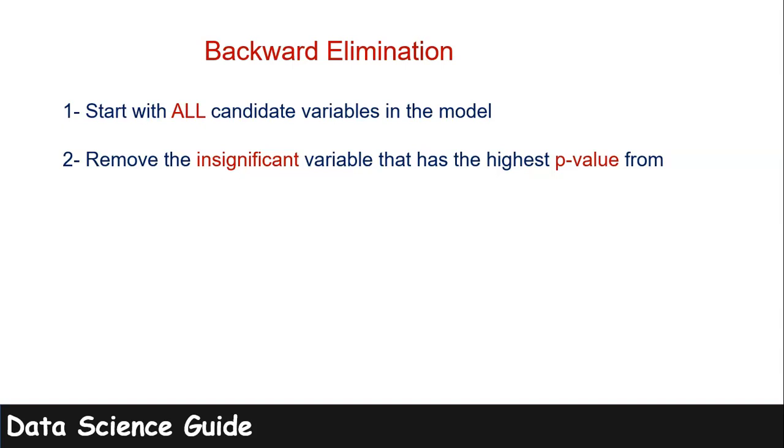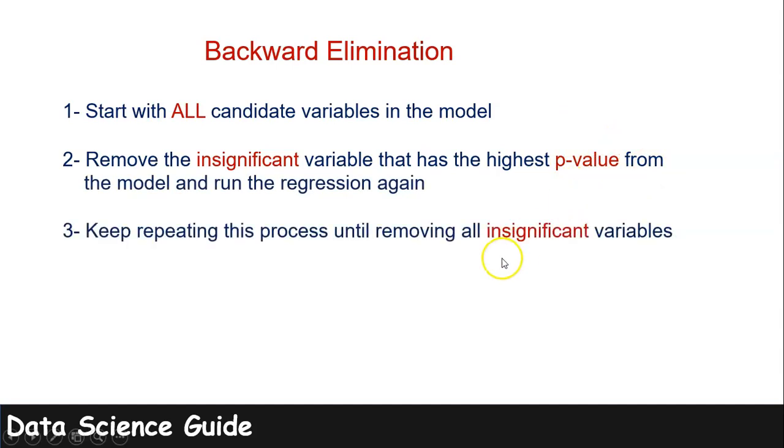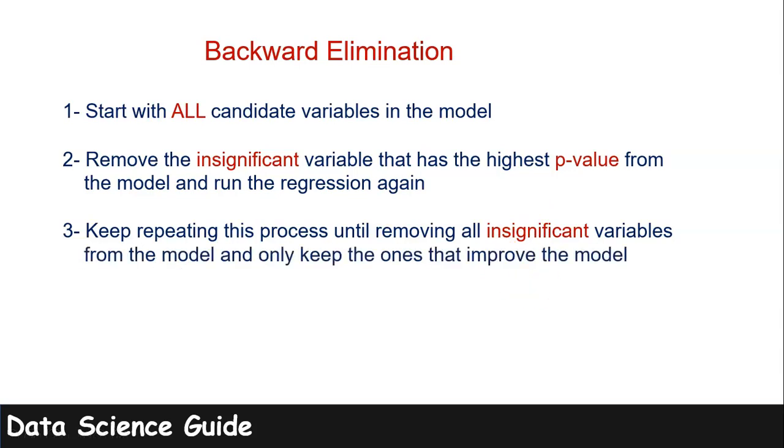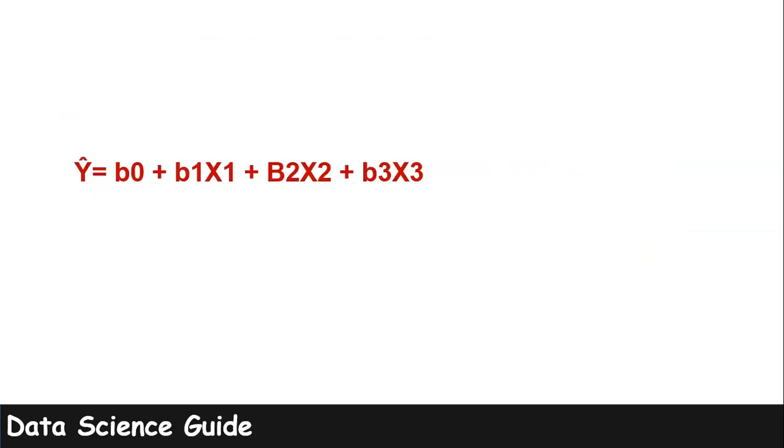Which one are we going to remove first? We will remove the one that has the highest p-value first and run the model again. We keep repeating this process until all the insignificant variables are removed from the model, keeping only the ones that improve the model. After that, we'll use that model for prediction.